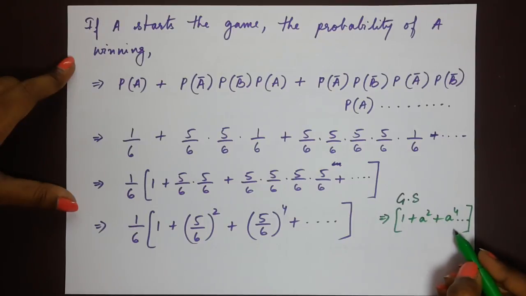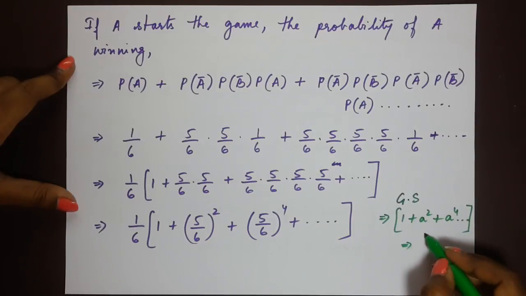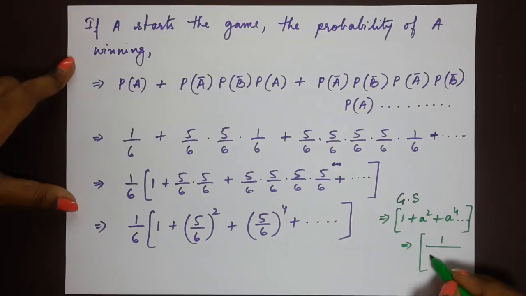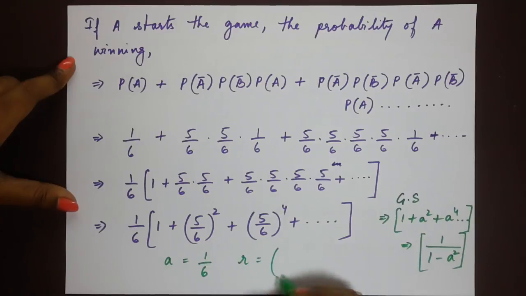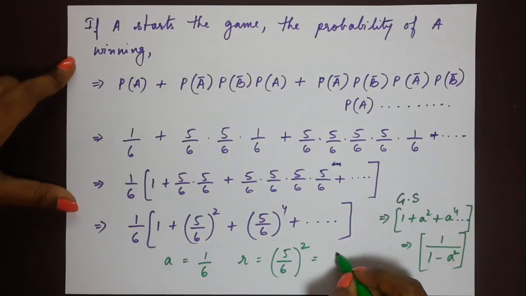Now when you have a geometric series like this, you can write it in the form of 1 divided by 1 minus a square. Similarly, if we use that formula here, a is equal to 1 by 6 and r is equal to 5 by 6 square, which is 25 by 36.